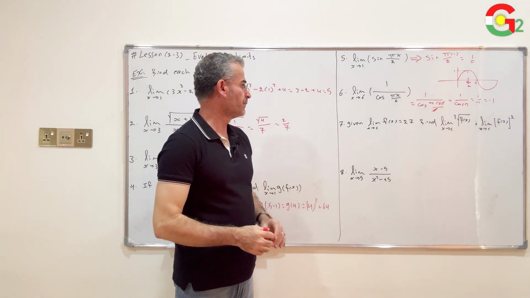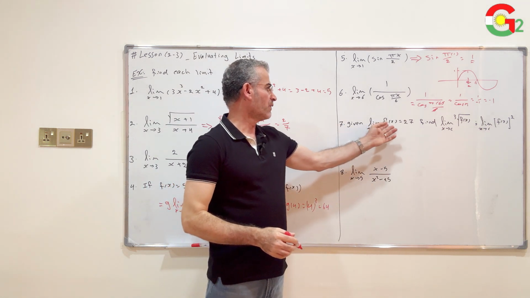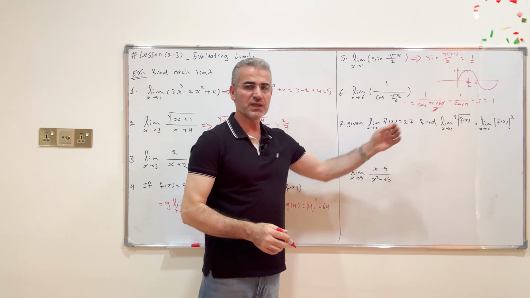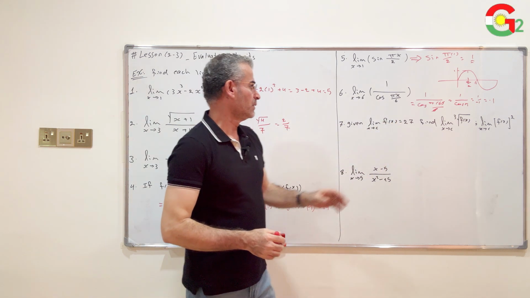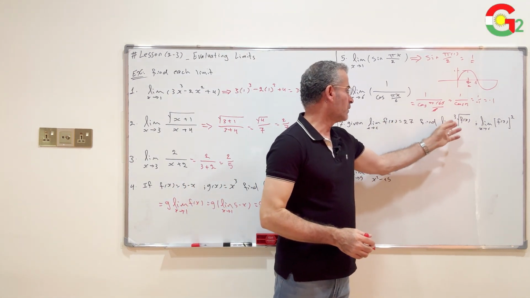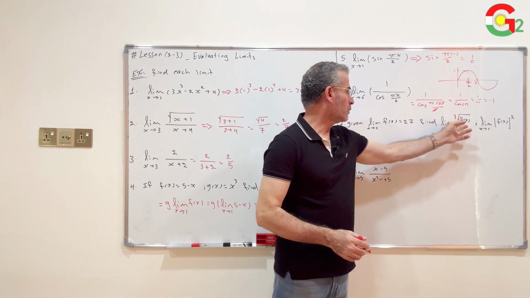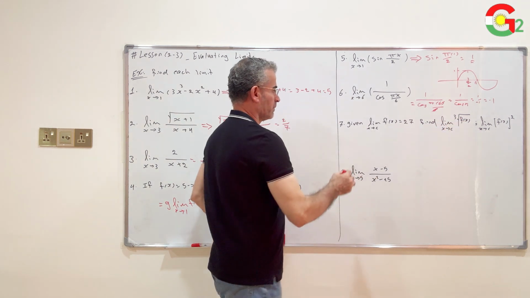Number 7, given the limit of f of x when x approaches c is 27. Find the limit of the cube root of f of x when x approaches c.